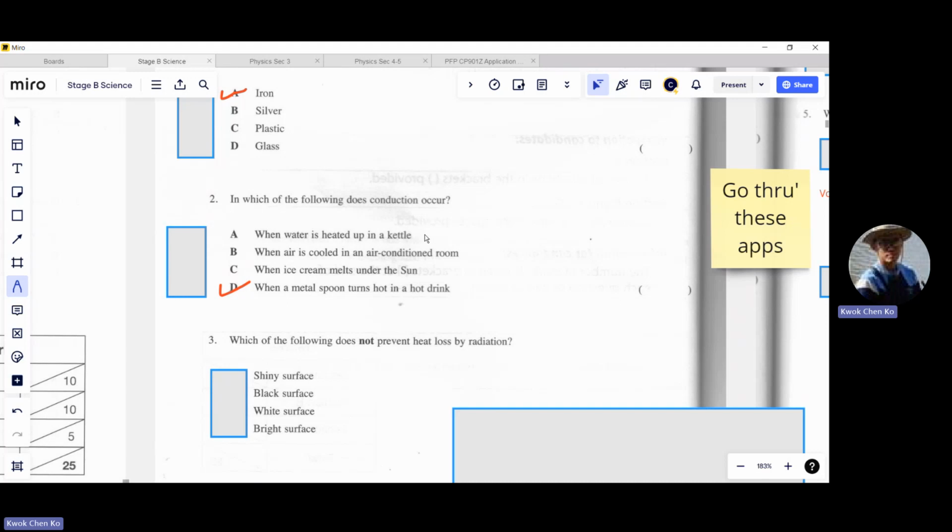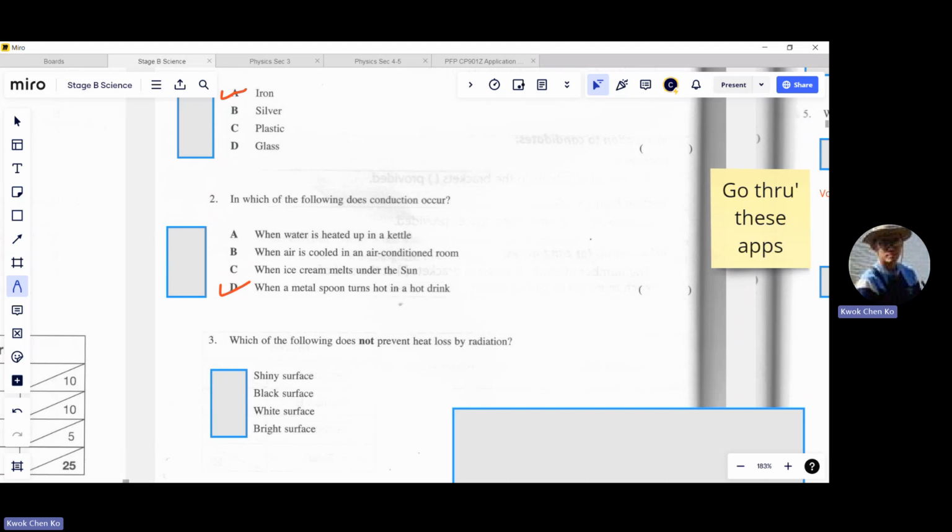D is not so easy. Is it radiation? How does radiation work? No, not in this case, when there's no medium involved. Are you sure there's no medium? Radiation is when there's no medium involved.